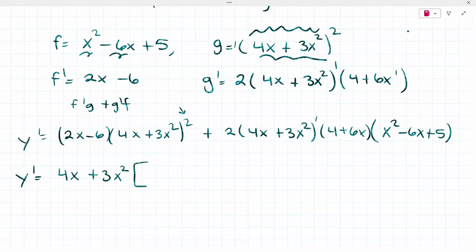And then if we do that, that means we have a 2x minus 6 times 4x plus 3x squared, and then plus 2 times 4 plus 6x.